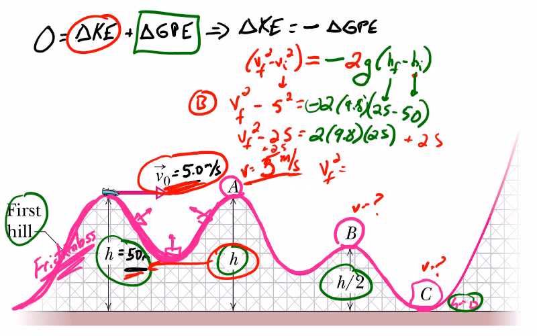So 2 times 9.8 times 25, all of this part is 490. And then we're going to add to it that 25. So I get 515.